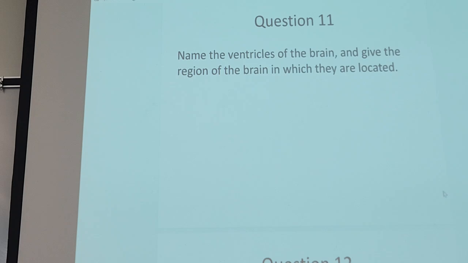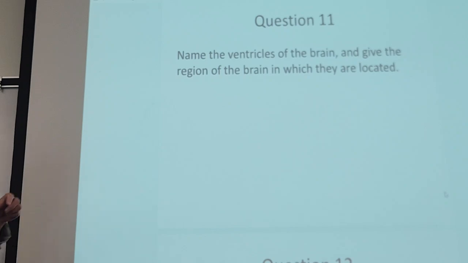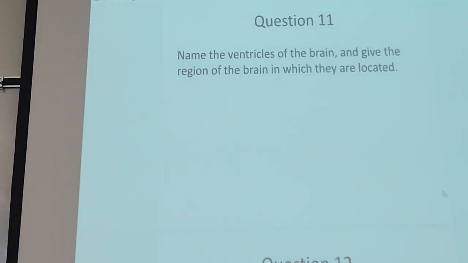Starts with a T. The thalamus, right? So the third ventricle lives around where the thalamus is. Then we jump into the cerebral aqueduct and terminate at the fourth ventricle, which is kind of in between the cerebellum and the pons. Okay, good.